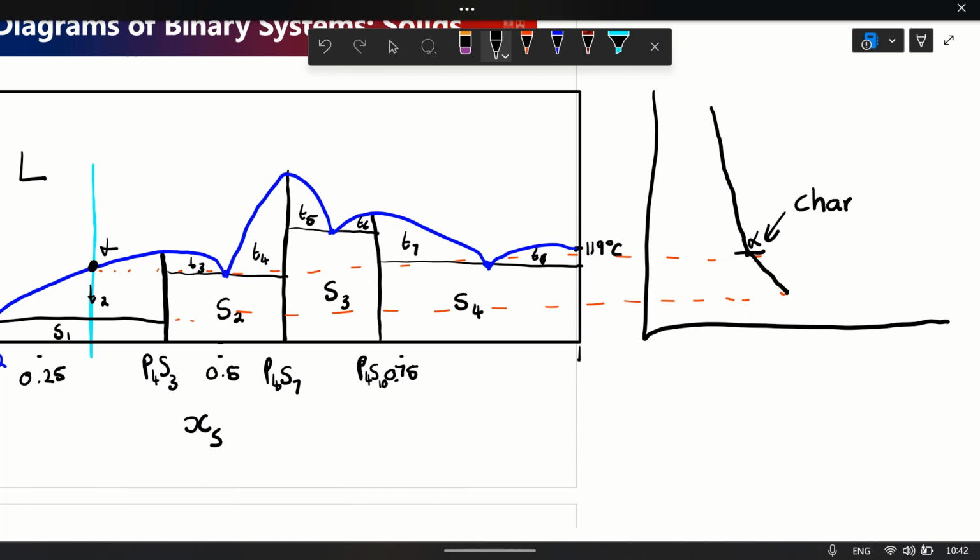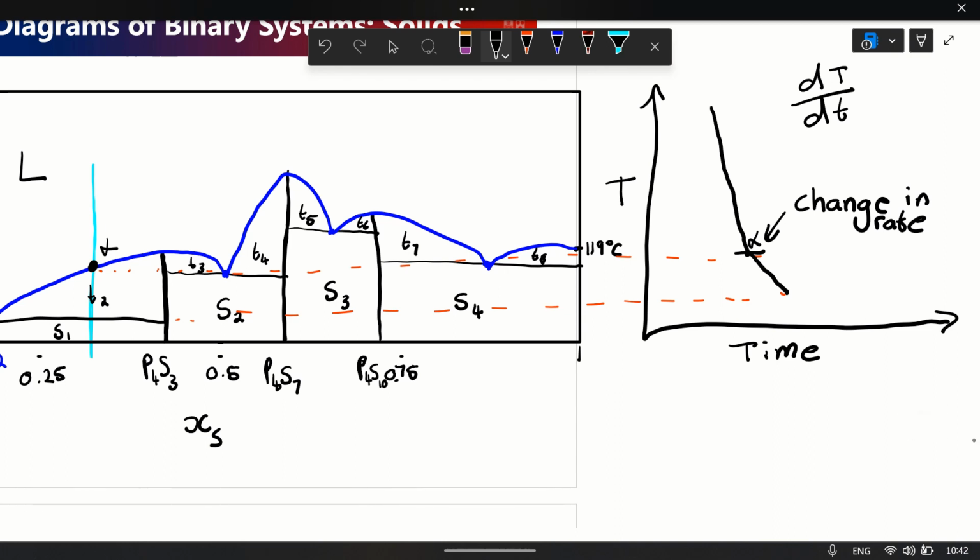Why? Because this is a temperature versus time diagram. So in other words, we're plotting dT versus dt. If you have a change in the gradient, you're going to have a change in dT/dt. So that means there's a change in the rate.